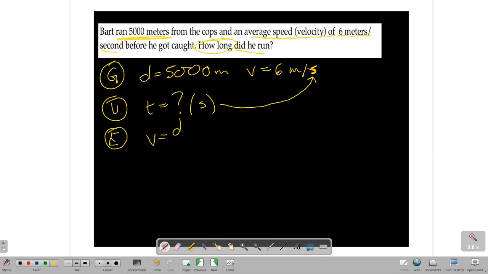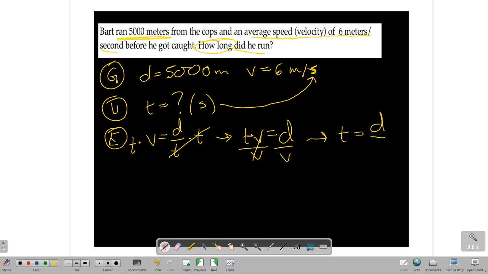So let's go ahead and manipulate this equation again. Remember, we got to multiply by t on both sides to get that out of the denominator. So now I have t v is equal to d, but I'm solving for the time, so I now need to get rid of the velocity. So I'll divide by the speed or velocity on either side, and that's going to give me time is equal to distance over speed. So this is what we're going to use.